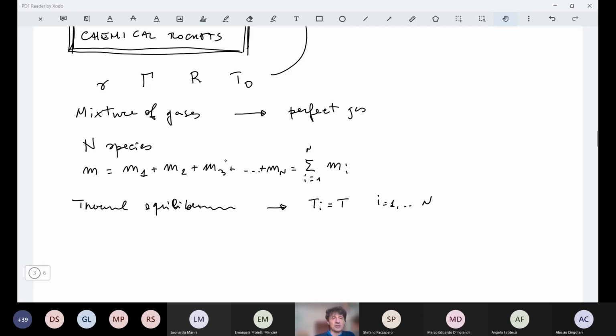And then we have pressure. To evaluate mixture pressure, we resort to Dalton's law of partial pressure.